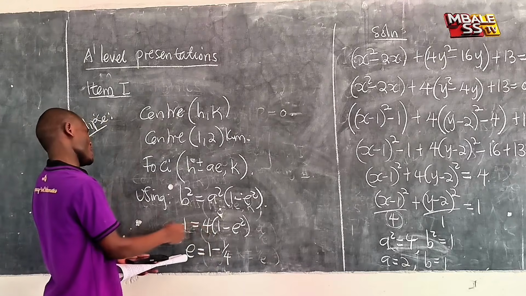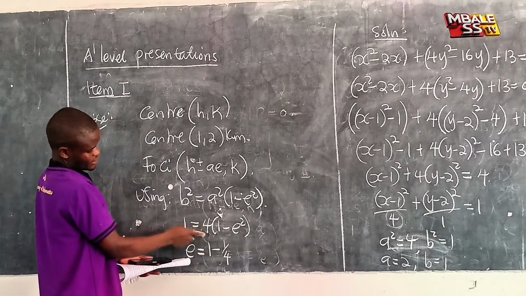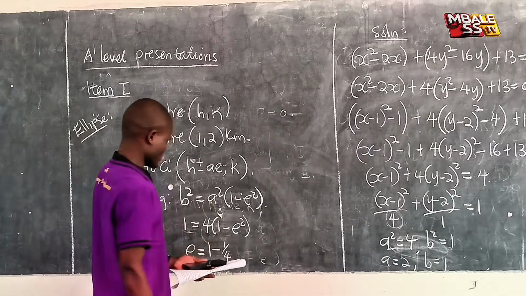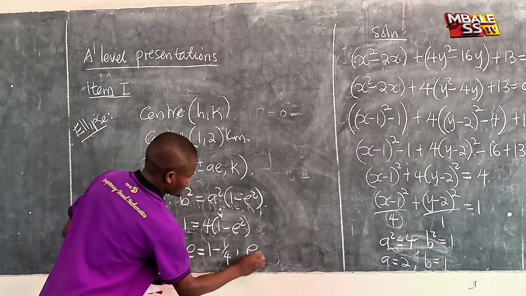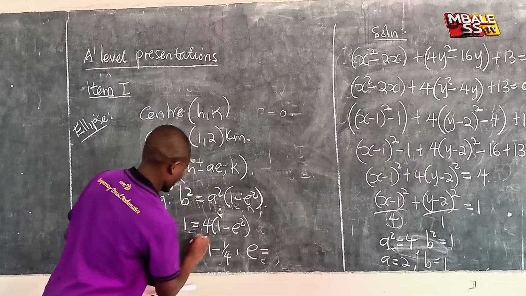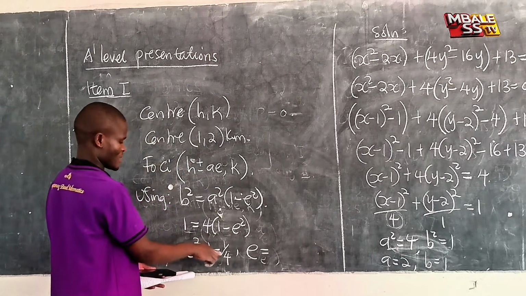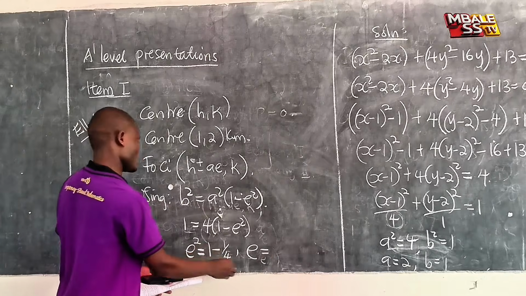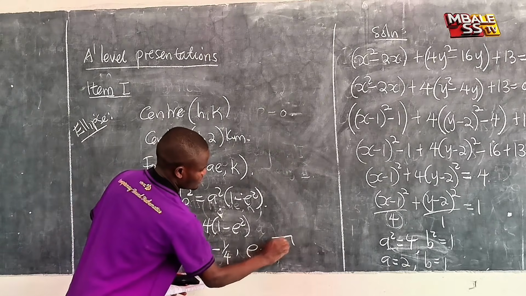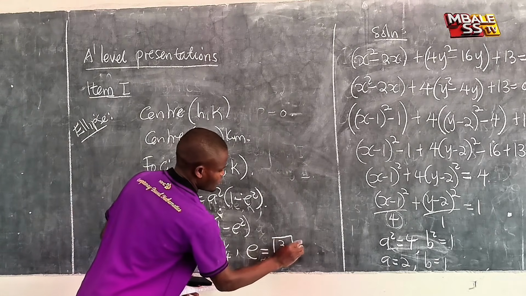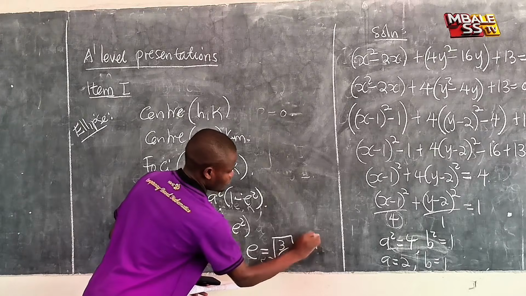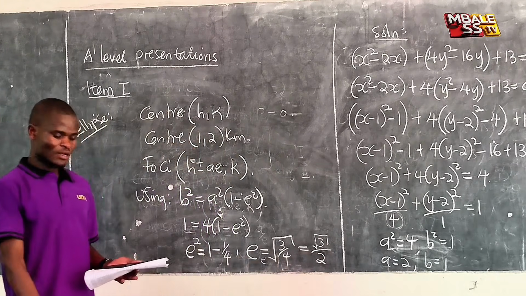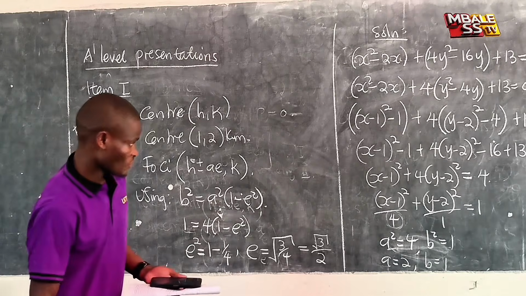So e squared is 1 minus a quarter. Solving this gives 3 over 4. So it will be the square root of 3 over 4, which simplifies to root 3 divided by 2, because 4 is a square number, so under the square root, it will be that.